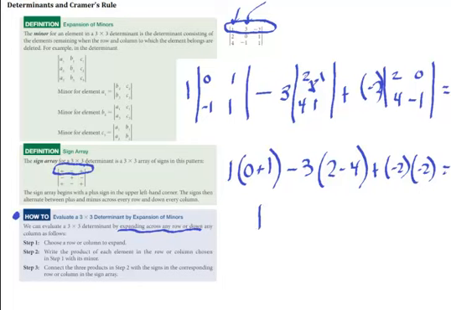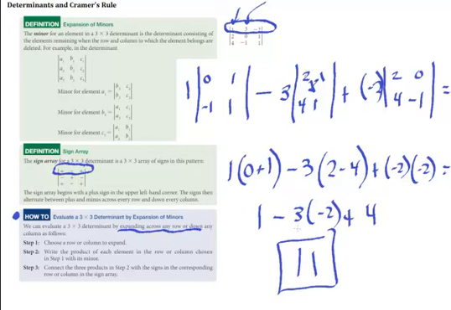So this is 1 minus 3 times -2 plus 4. So looks like to me this guy equals 11. And that'd be the determinant of this 3 by 3.